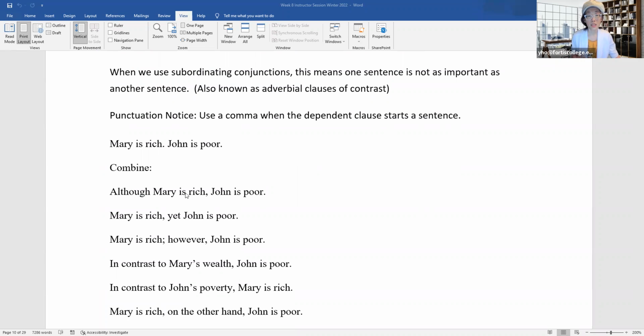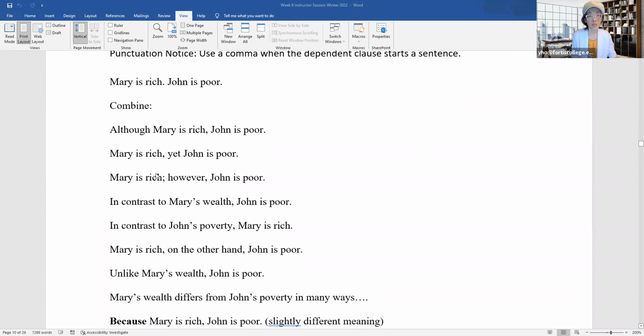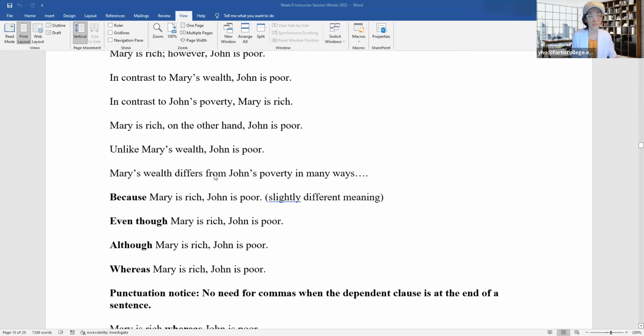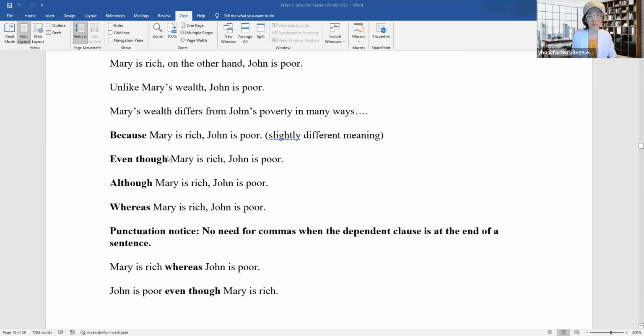And when you put a dependent clause and an independent clause together as one sentence, you have a complex sentence. So here you have, although Mary is rich, John is poor. Because Mary is rich, John is poor. Even though Mary is rich, John is poor. Although Mary is rich, John is poor. Whereas Mary is rich, John is poor.